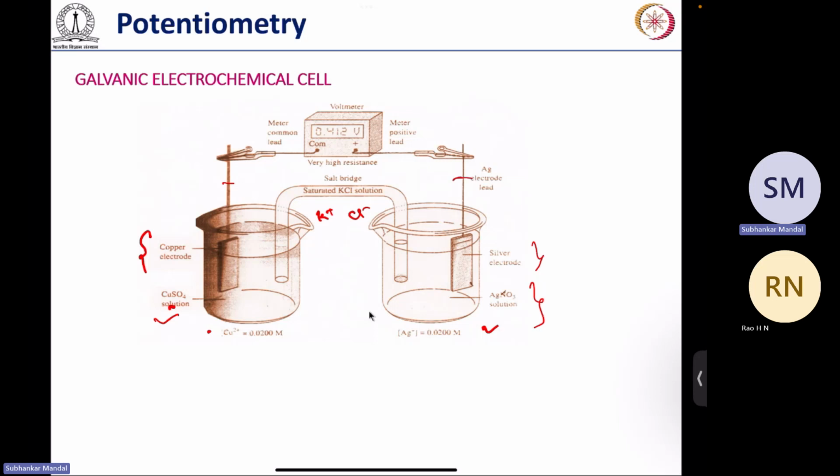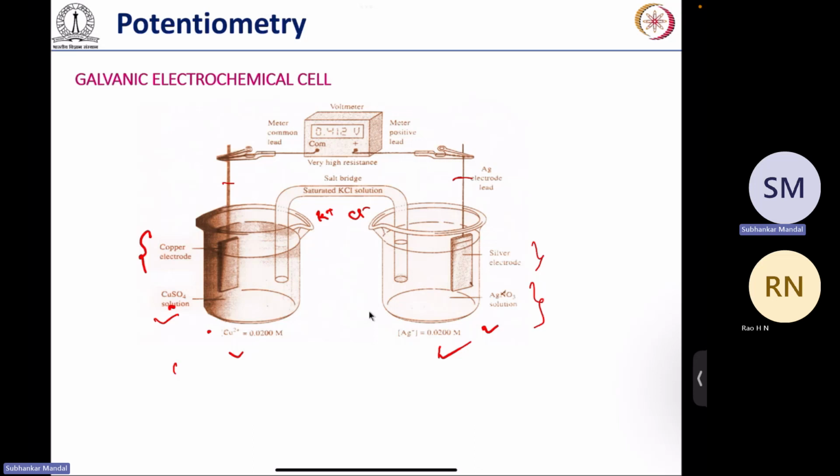So whatever the difference between these two compartments, that will show in the voltmeter, how many volts it is, and this voltage difference depends on the standard potential of the reduction and oxidation of the ions.